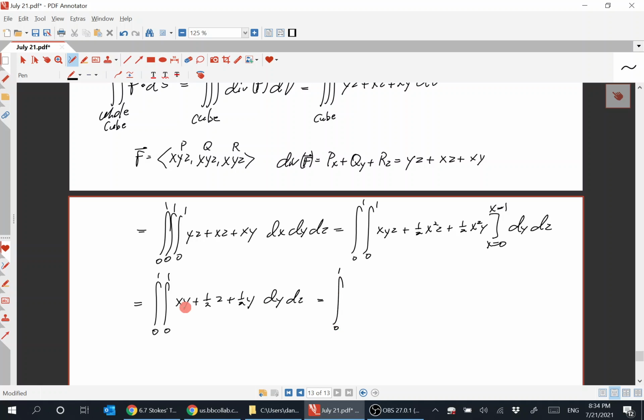Antiderivative with regard to y: oops, did I lose something? This is yz, not xy. Antiderivative with regard to y. I did this wrong. 1/2 y squared z. There we go, from 0 to 1. So this is the integral from 0 to 1, so this is 1/2 z.